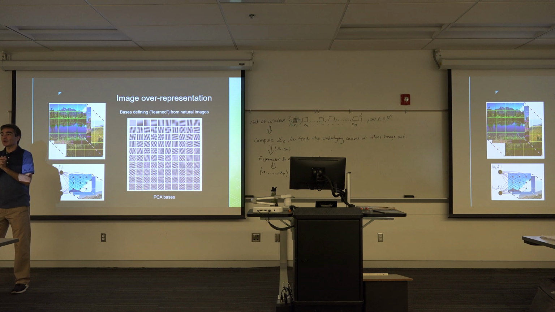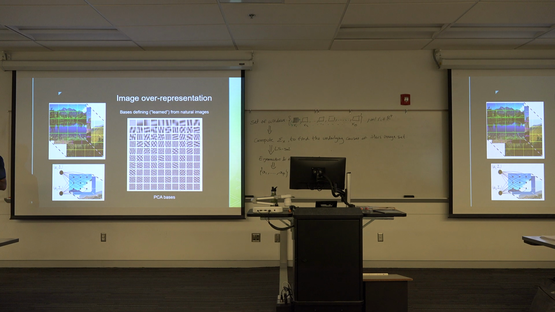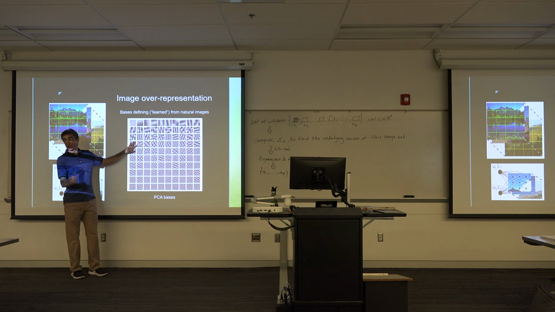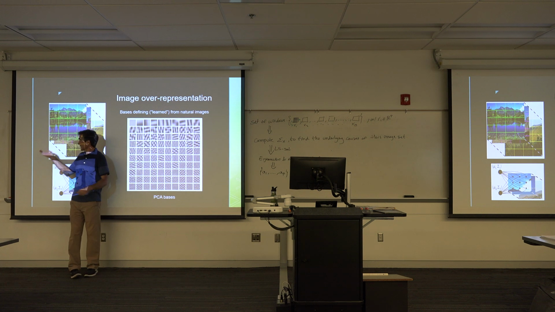Now, do you remember when in 5460 we spent some time talking about image compression? In image compression, what we were trying to find is basis vectors of some space that allow us to reconstruct every possible image. That's exactly the same thing that we're doing here. These are the basis vectors that allow us to construct every possible window of a natural scene like this.